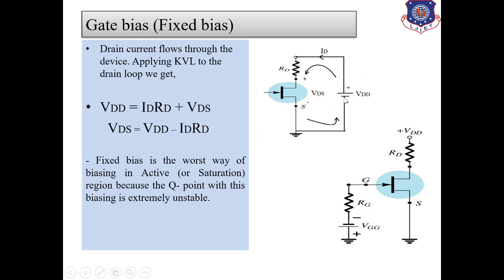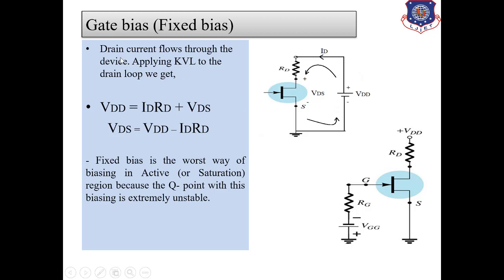So let's apply the KVL. Plus VDD minus IDRD minus VDS equal to 0. You can make VDD and VDS the subject. Finally, our task is to make the main equation in terms of ID and VDS.